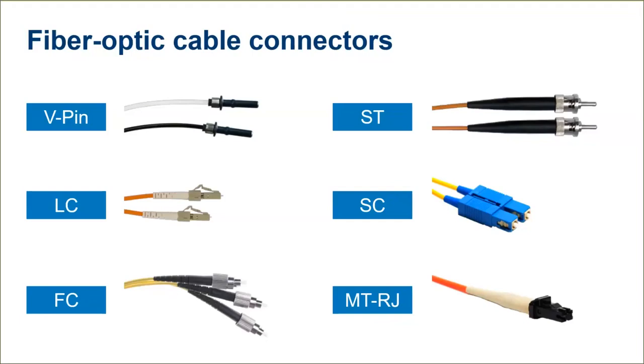And of course, last but not least, the mechanical transfer registered jack, or MT-RJ. These connectors were a duplex connector designed to fit in the same space as a phone jack RJ45 connection. They are losing popularity, of course, to the more favorable, once again, less expensive LC connector.